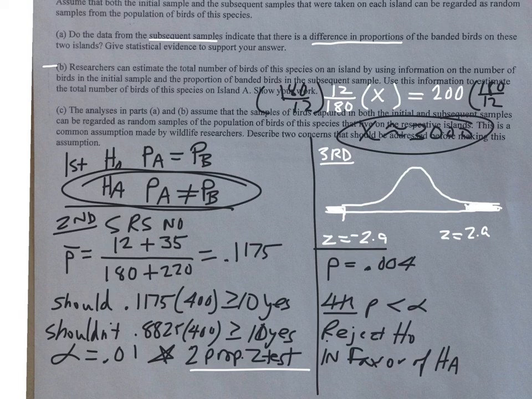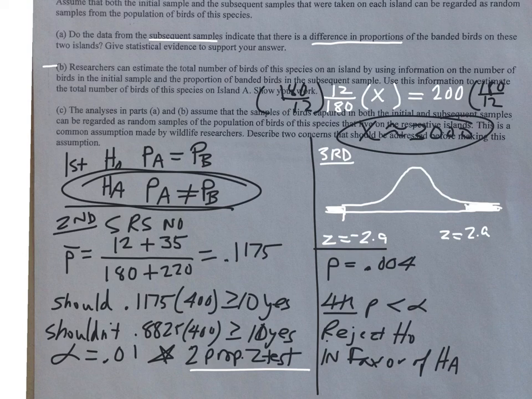There's other issues too. A bird that is banded may be more easily caught or slowed down, or more easily seen by predators, or maybe be an old bird that's on its way out anyway. So if that happens, the birds could die out and not return to the population.